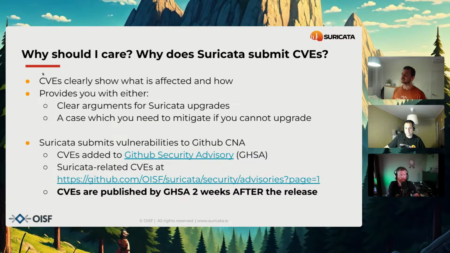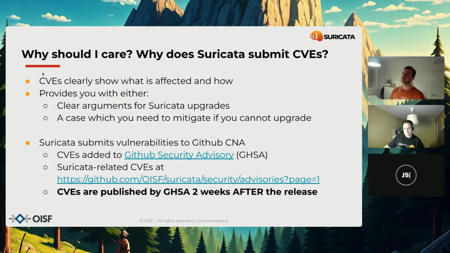When there is a case in which you cannot actually upgrade your Suricata sensors, which during patch releases shouldn't be really any reason to do that, it at least gives you a description of the vulnerability and gives you a chance to mitigate somehow. Sometimes the mitigation is advised directly. Sometimes you need to tailor it for your own environment, basically.